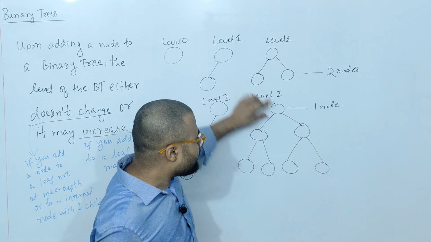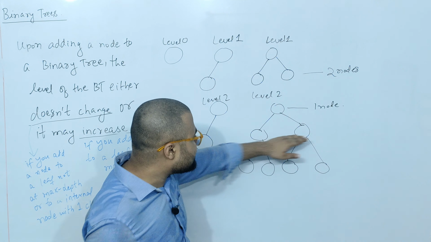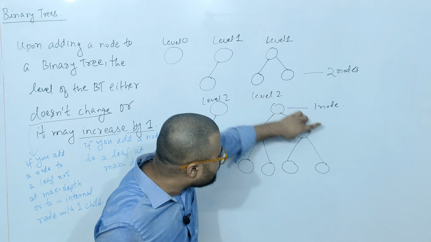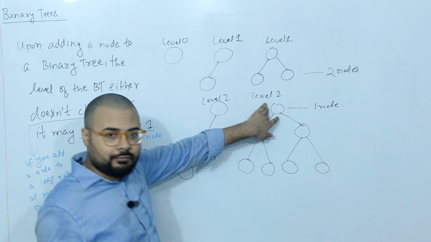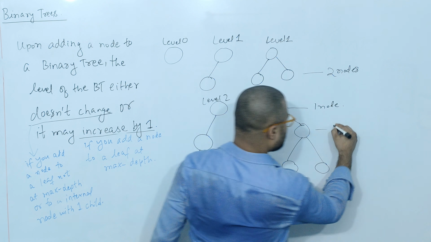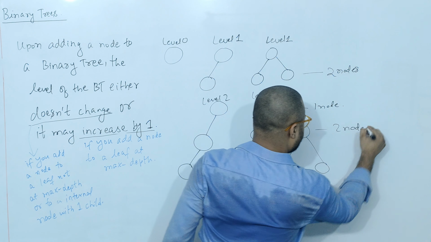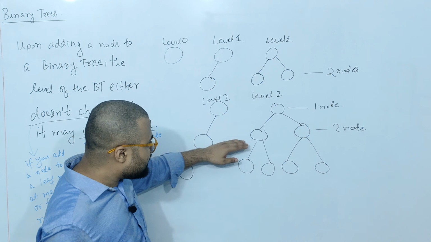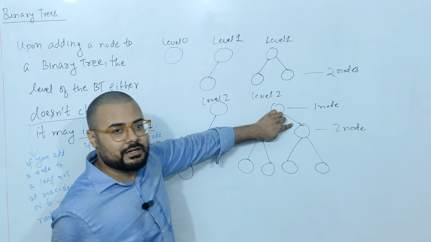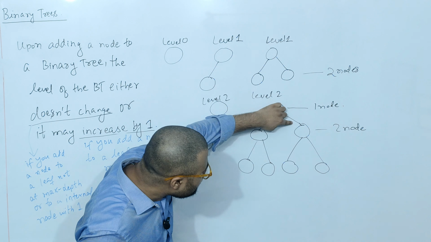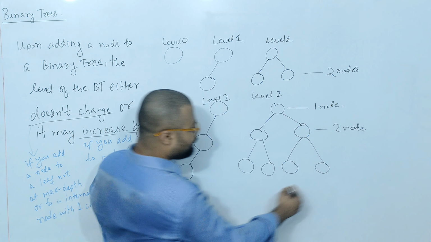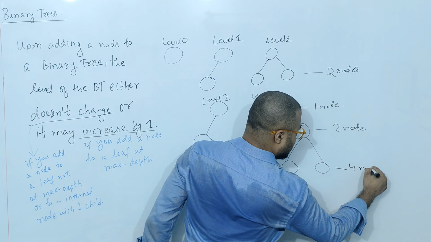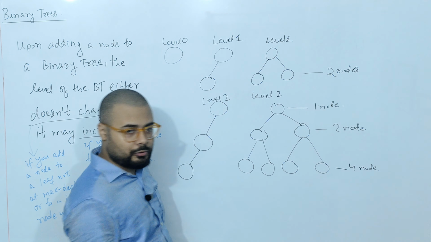So for the maximum number of nodes at level 1, I will give 2 children to every node at level 0. At level 0, it happens to be only one node, so you have only 2 nodes at level 1. Similarly, now you have 2 nodes at level 1, and every node will have 2 children, and so you will have 4 nodes at level 2.